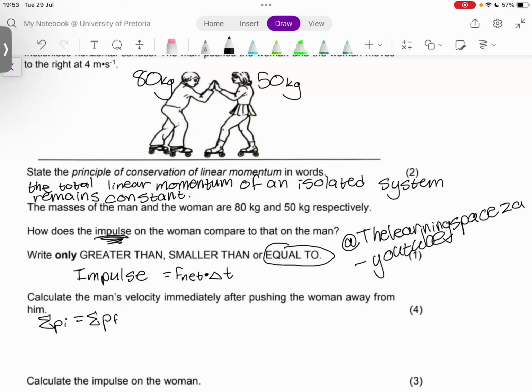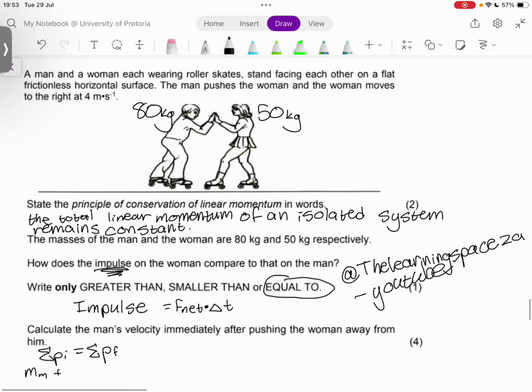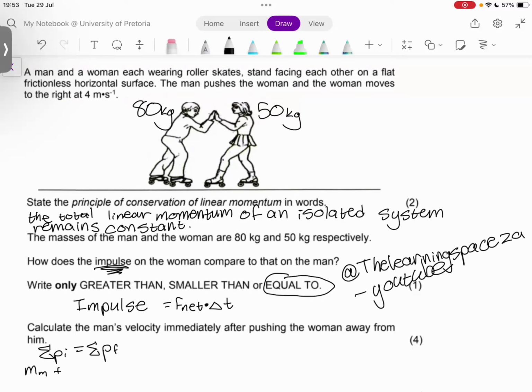We'll then have the mass of the man plus the mass of the woman, multiplied by 0. That's because they start at rest. Then the force is applied.